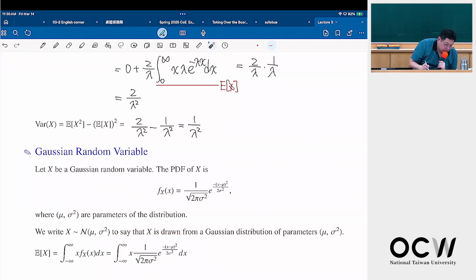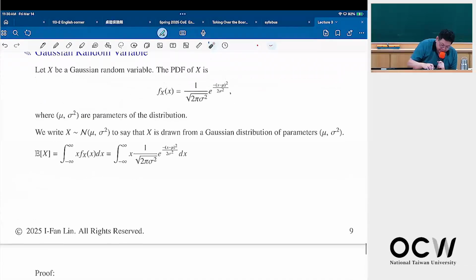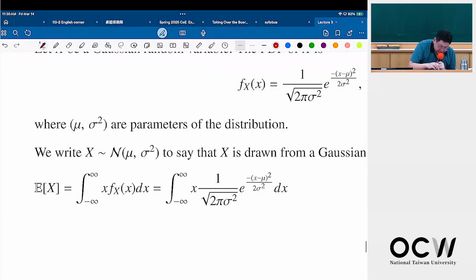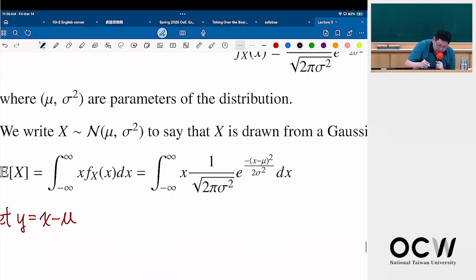Now we can change the variable to find the mean. Let's say y equals x minus mu. So this becomes y squared.